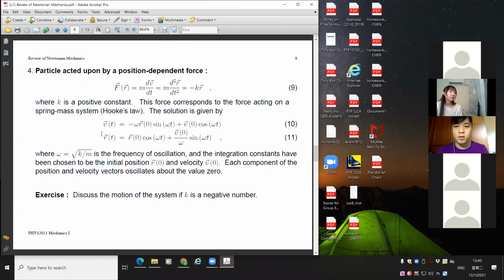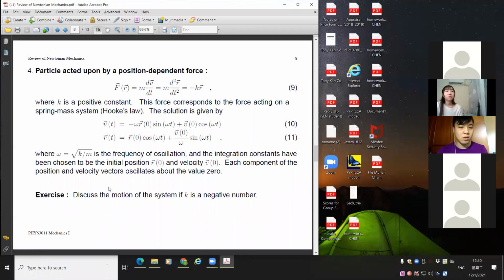All of you have learned this before, right? If you find that this solution is unfamiliar to you, then ask your TA in the coming exercise class to derive the solution for you, or you go back to your lecture notes in your previous courses.